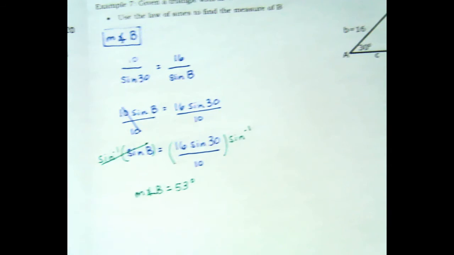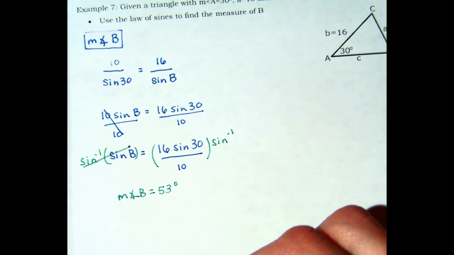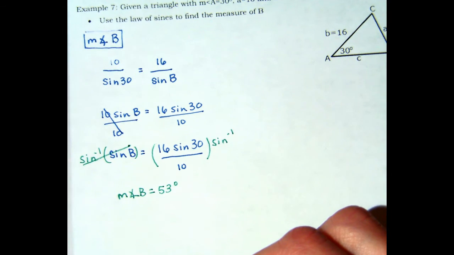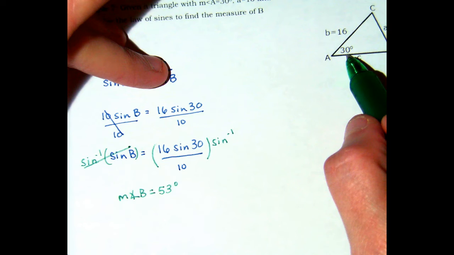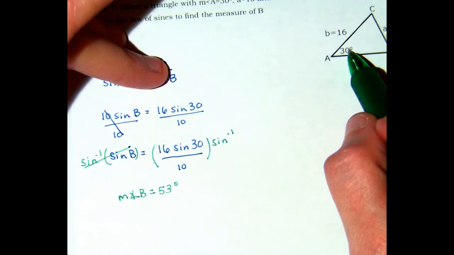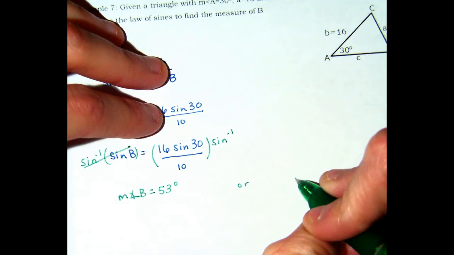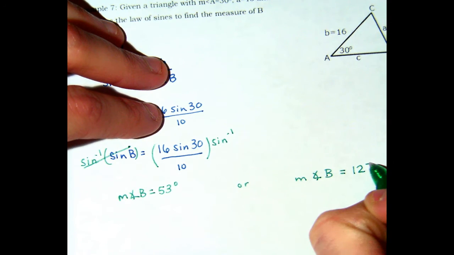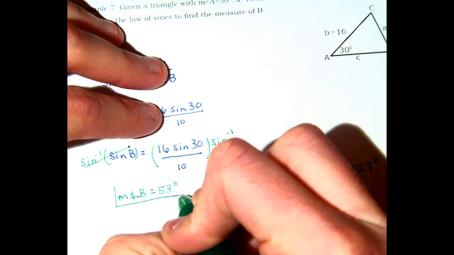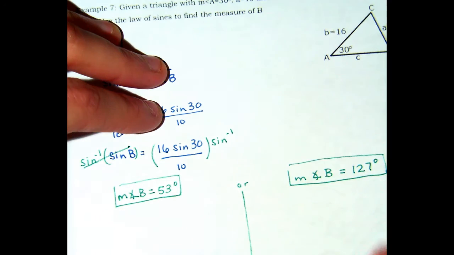You remember how we found out what the second one was? 180 minus 53. 127. Is it possible to have an angle measure of 127 and 30 in the same triangle? Okay. Then we have to do both. Here's what I mean by that.